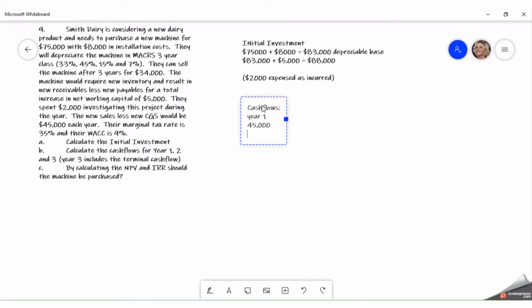Now we do have to subtract out depreciation. Our depreciation is going to be calculated by taking the $83,000 depreciable base times the 0.33. And that gives us 27,390.